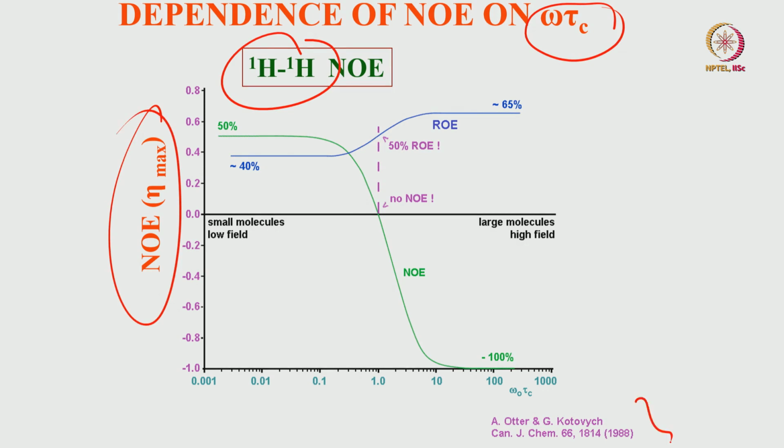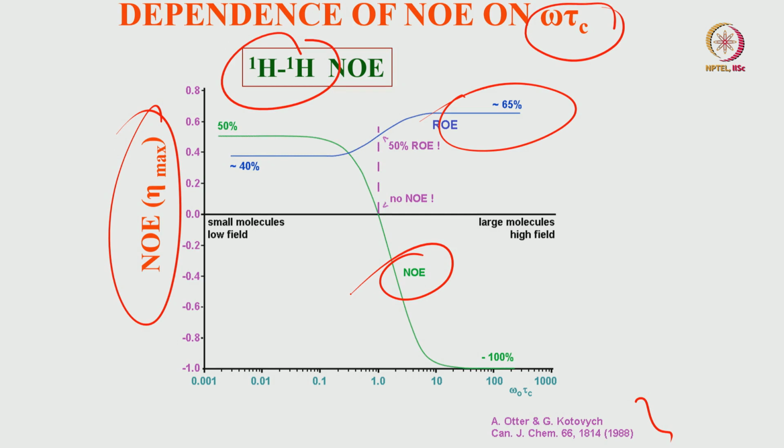This is from this journal. Forget about this part; I have not discussed it. This is called ROE, not NOE, the rotating frame Overhauser effect. I will come to that at the end of this talk or maybe in the next lecture. But at the moment, we will concentrate only on the NOE curve.